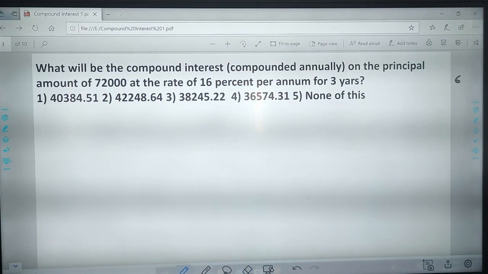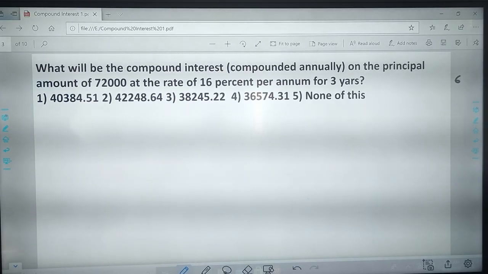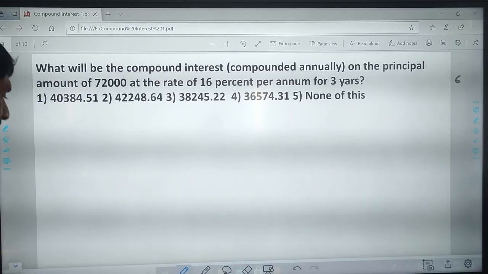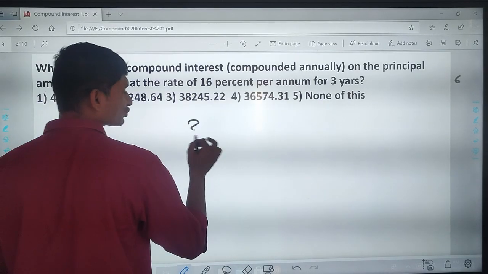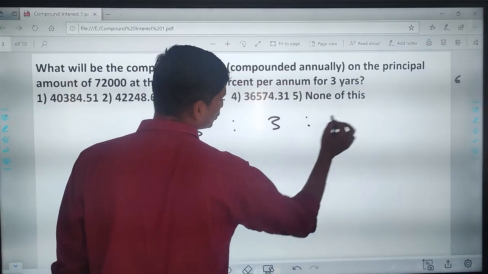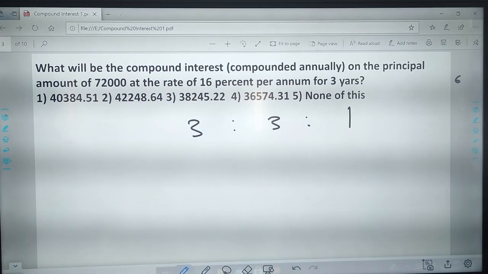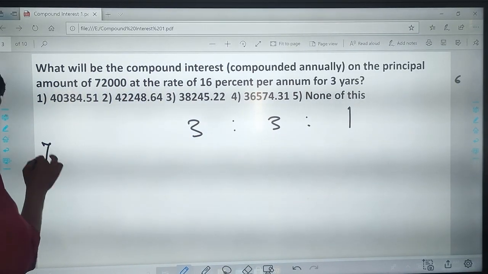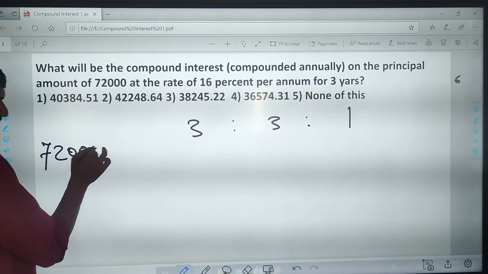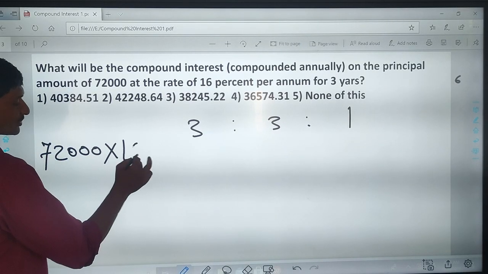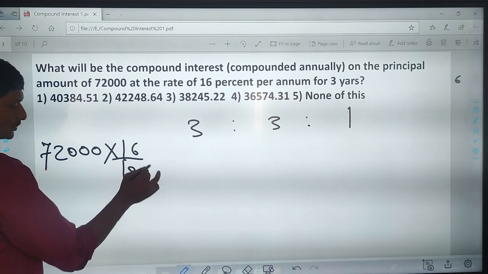Now, what will be the compound interest on the principal amount of 72,000 at the rate of 16% for 3 years? For 3 years, we use 3 as to 3 as to 1. Now we find firstly 16% of 72,000.